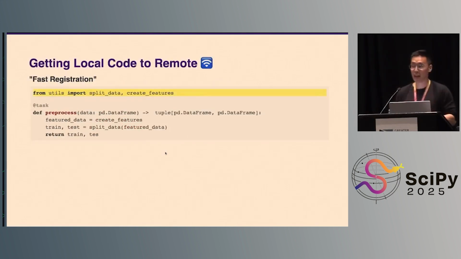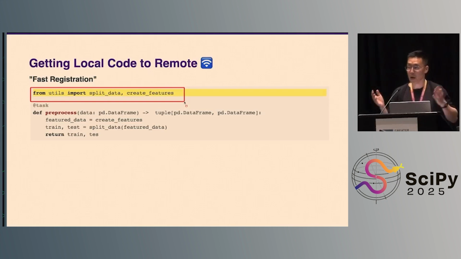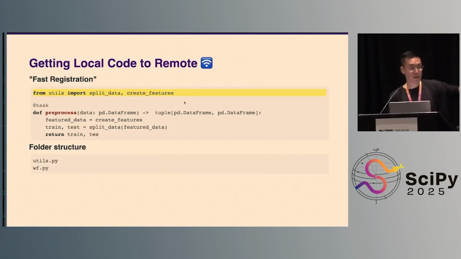This is a very neat concept about Flyte. It has something called fast registration, where let's say this is your task, and it imports other modules. Your Python library could have many other files. How do we get these things up to the cluster? This is a very simple structure. There are only two files, where I'm importing the other one, utils.